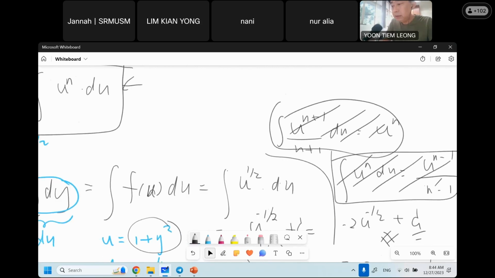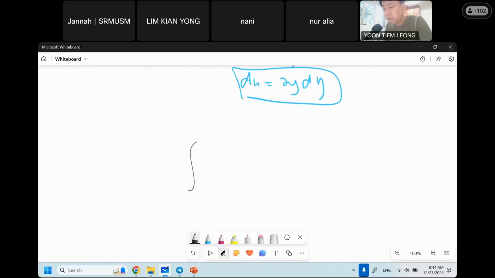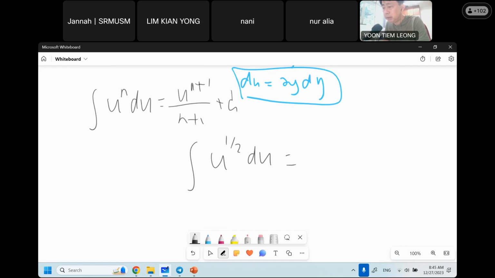The correct formula to use for this integration should be like this: integration of u to the half du. To calculate this, I should use the formula that the integration of u to the power n du is u to the power n plus 1 over n plus 1 plus c.